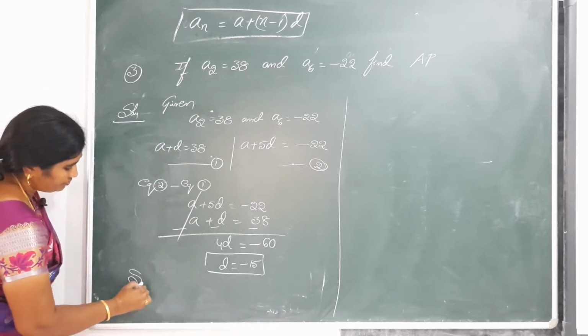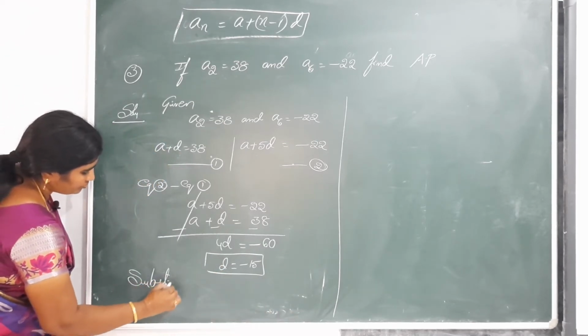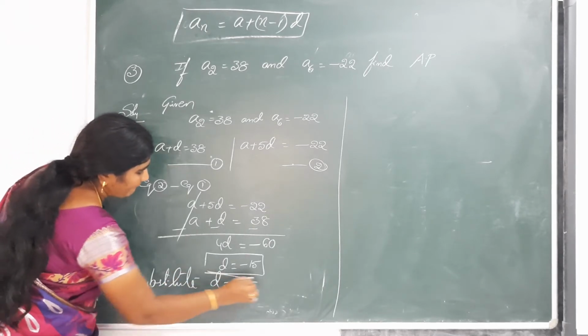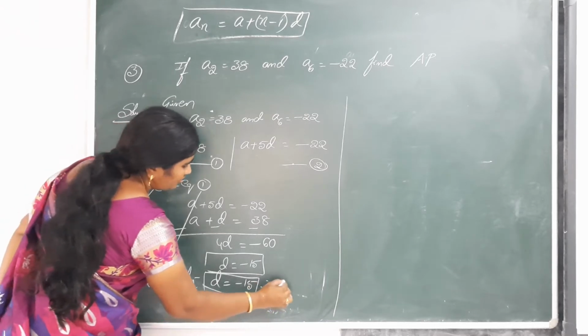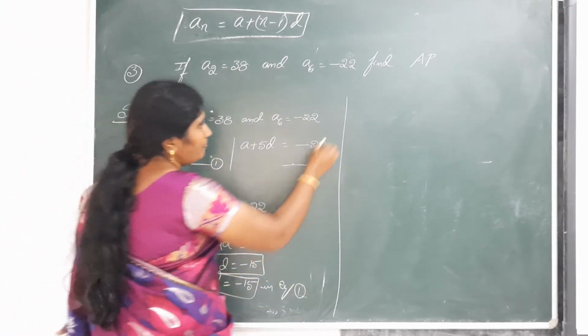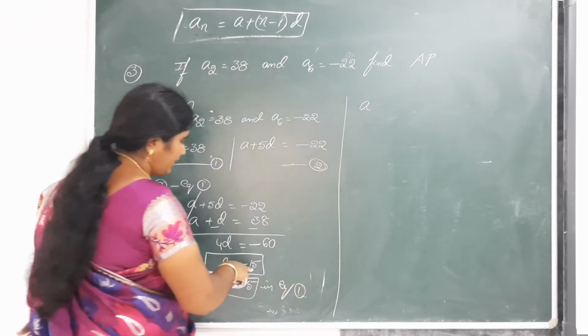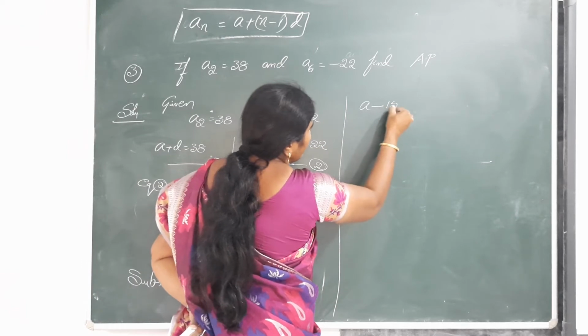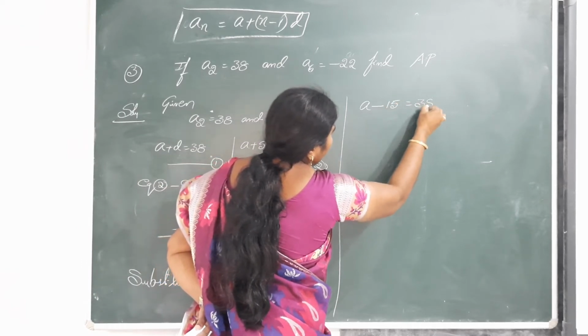Substitute D equal to minus 15 in equation 1 or 2. In equation 1, the D value is minus 15, so A plus of minus 15 equal to 38.